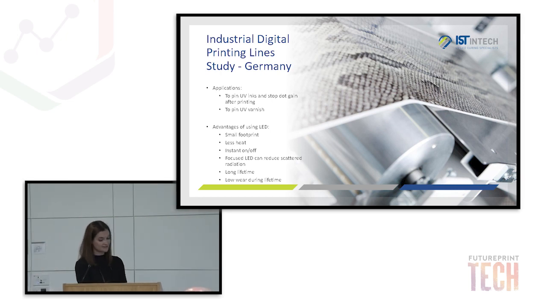And our final example is a customer who manufactures industrial digital printing lines. So we've thrown this one in. It's a bit of a curveball because they don't actually use UV LED for the final cure. Currently, their opinion on this is that they haven't got enough power for the final cure, and they don't believe that the inks available are cost-friendly for their end users.